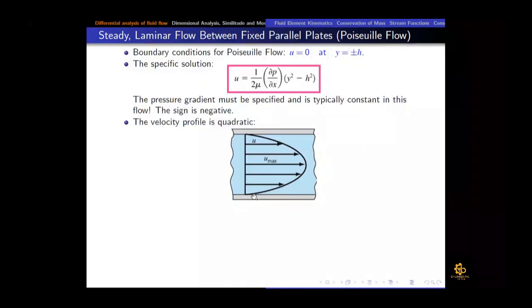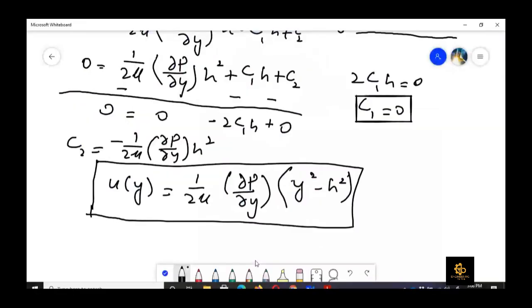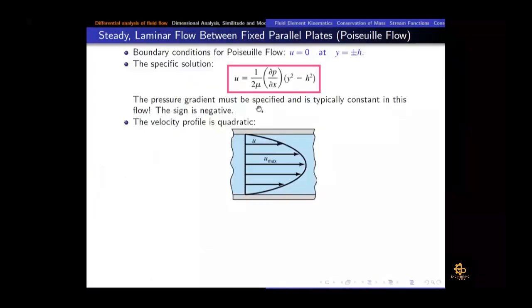Now one thing that we need to determine is the volume flow rate. If you remember from your thermodynamics knowledge, Q is equal to AV, where V is the mean velocity. But in this case the velocity is not a mean velocity; it changes with the y location.